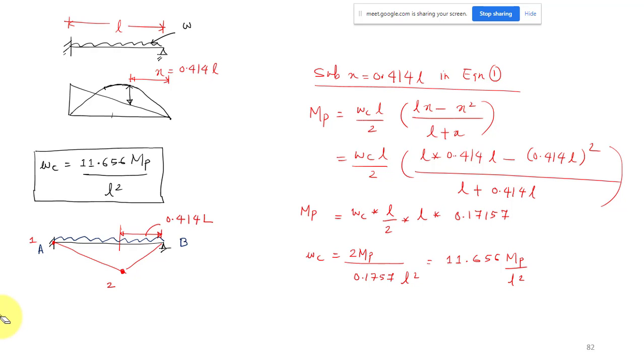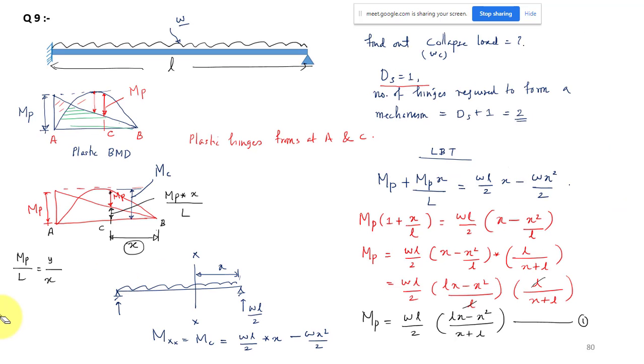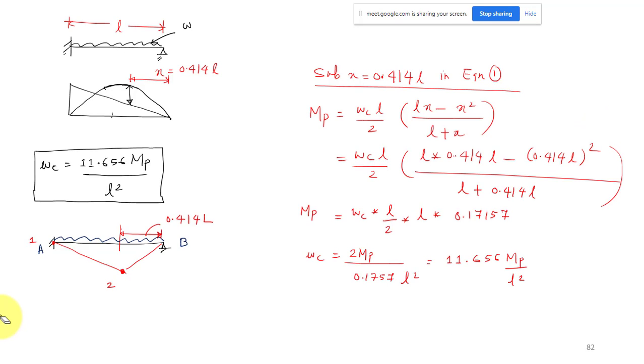So this one also you can compare. You take a simply supported beam with UDL, a propped cantilever beam with UDL, and a fixed beam with UDL. What is the collapse load? For the simply supported beam with UDL, your value was 8 MB by L square, and for the propped cantilever it is more than 8, it is 11.65, and for the fixed beam it is maybe 16 MB by L square.